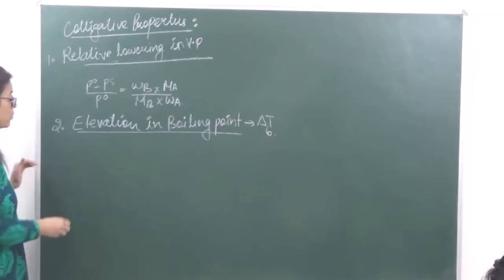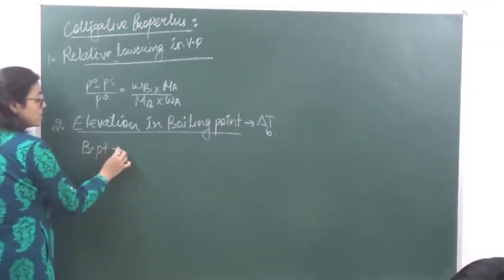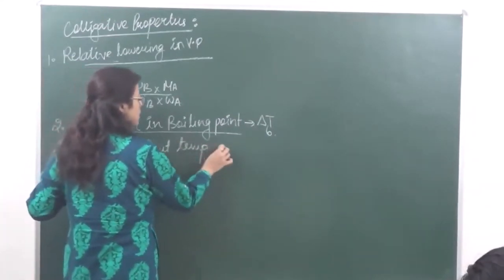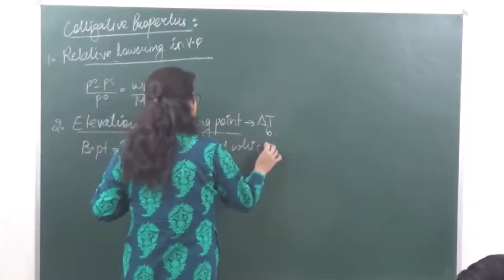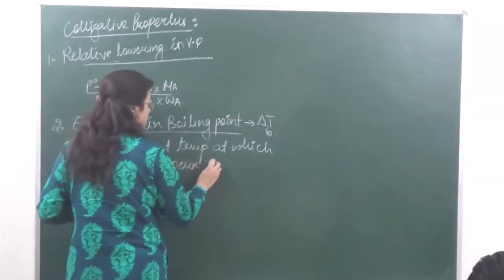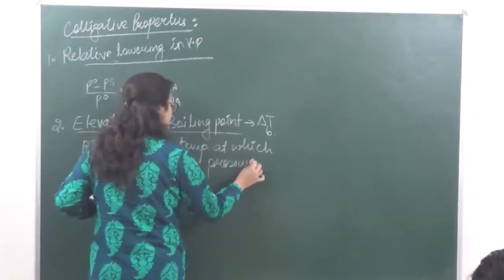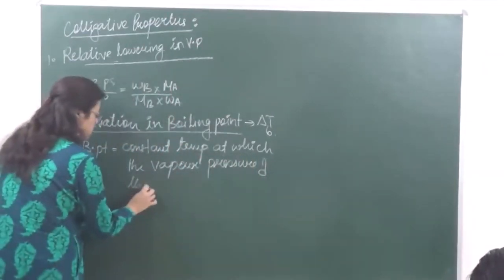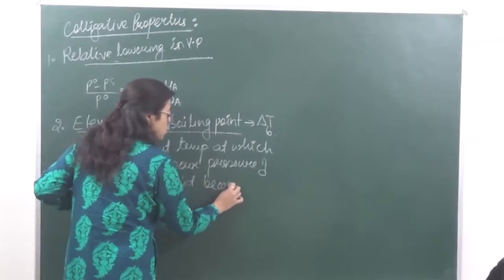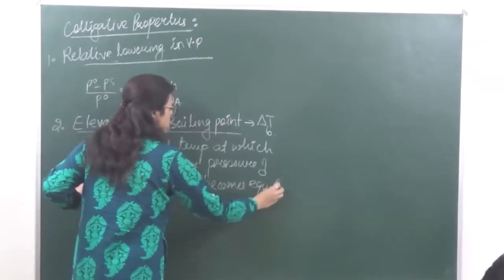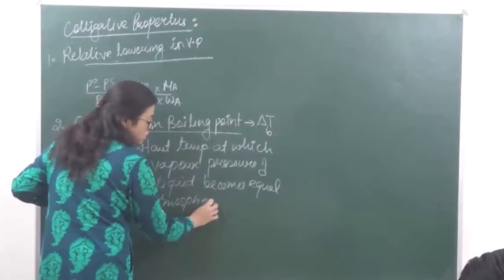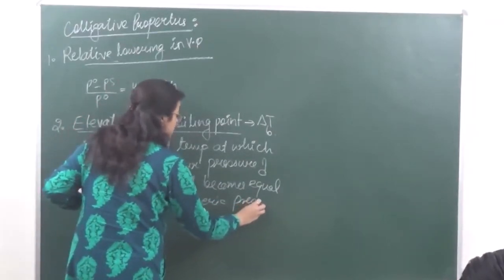What is, first of all, boiling point? When we define boiling point, it is the constant temperature at which the vapor pressure of the liquid becomes equal to atmospheric pressure, right?